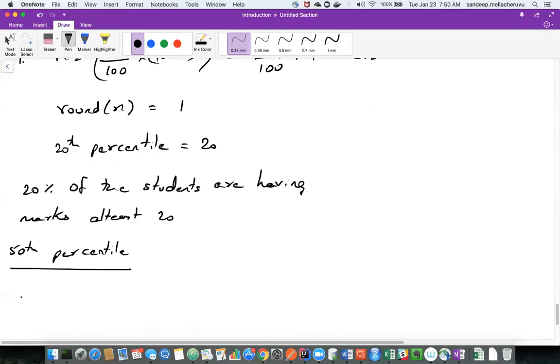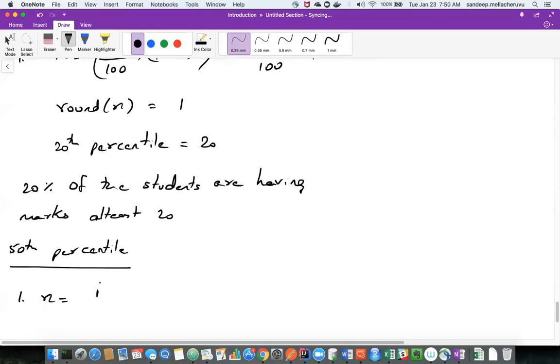50th percentile. Can you solve this again? Maybe Vijay, this time you should solve it. n minus 1. Vijay, can you solve this? Yeah, so I'll get n as 2.